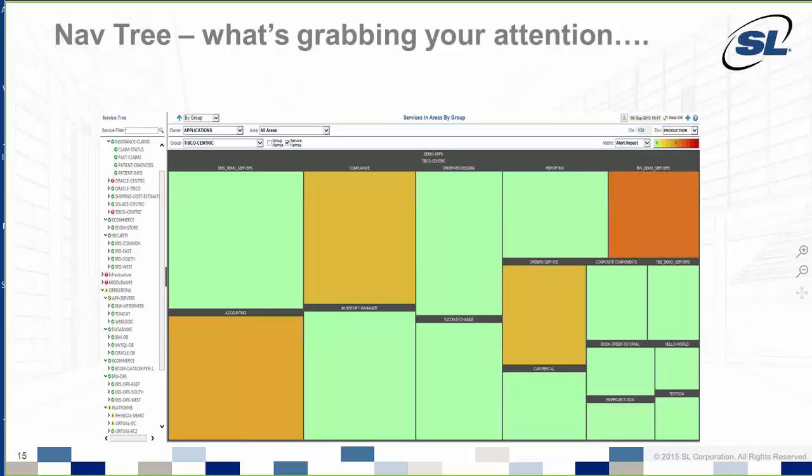So this is the first screen. This is your landing page. When you first log on to RTView, this is most likely what you'd see. Down the left-hand side, we have a listing of all of the different groupings that have been created. Remember, this is all profile driven, driven by your needs. We've been able to separate out the different technology groups and the different application groups.